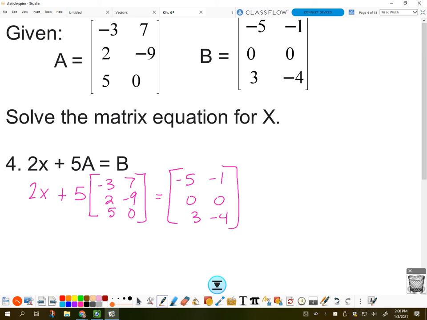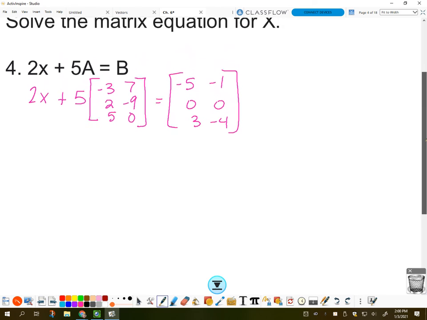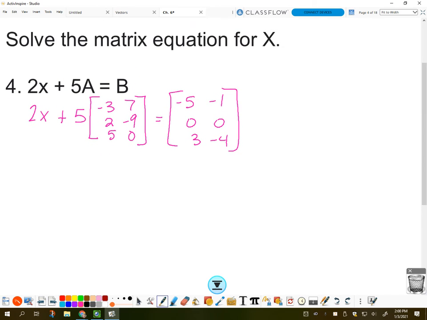All right, so just like if it was a regular equation, whoa, let me figure that out. Okay, if it was a regular equation, then you would multiply these and then subtract this term and then divide by the 2. That's how you get x by itself. Like if it just said 2x plus 5 times 7 is equal to 12.